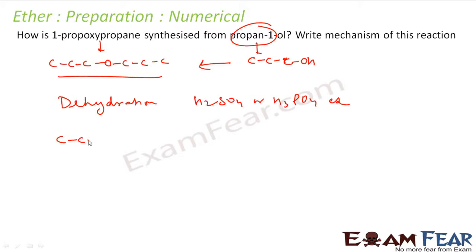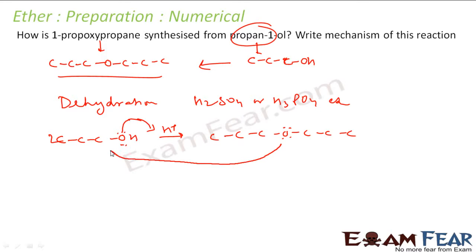I'll get this reaction, right? So this is my reaction. I'll take 2 of these with some H plus, I'll get what I want, that is 1-propoxypropane. Correct. The reaction mechanism, if you want, you can just add this O, the lone pair will attack this H plus, right? Deprotonation will happen, and then the other one here, this lone pair, will attack this carbon.